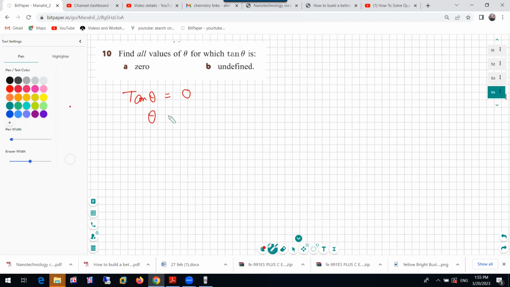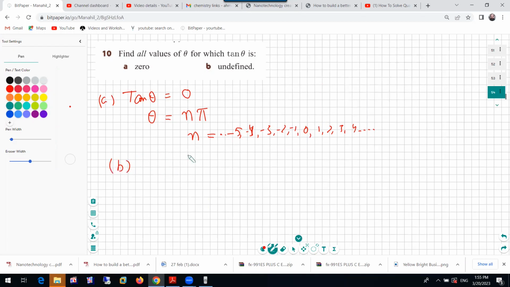If theta is a multiple of pi, n times pi, where n is an integer, or we can say n is from -5, -4, -3, -2, -1, 0, 1, 2, 3, 4, and so on, right? That's part A.